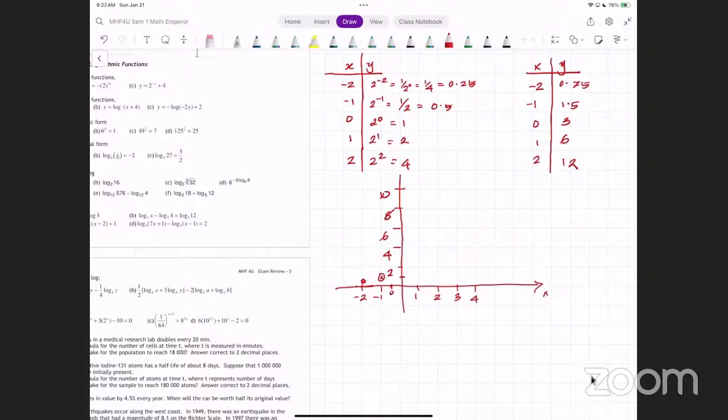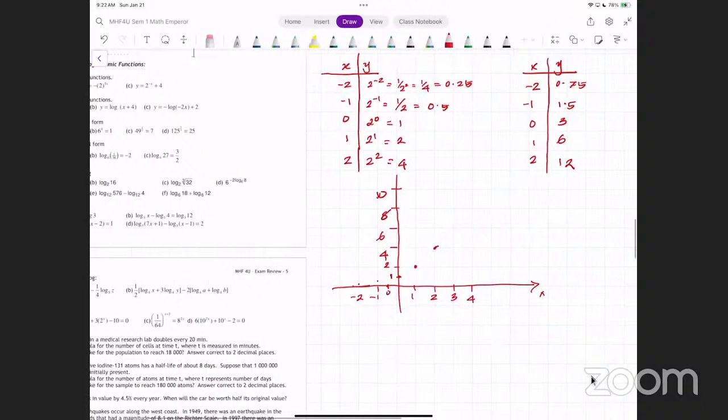Hold on, did I go by scale 2? Yes, so this is 1, right? So my first point -2, 0.25 is going to be very close here. Then -1, 0.5 is just going to be the middle of that. And then this is going to be my next point. Then 1 is going to be 2, and 2 is going to be 4. So technically speaking, my first graph will go like this, isn't it? Yeah.